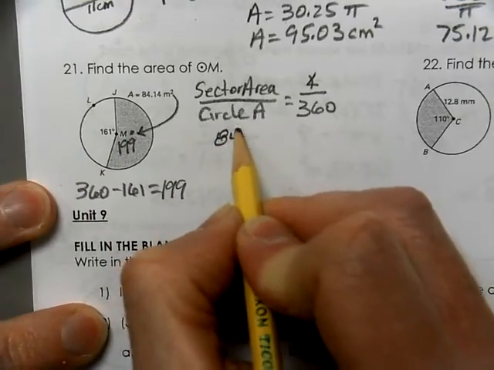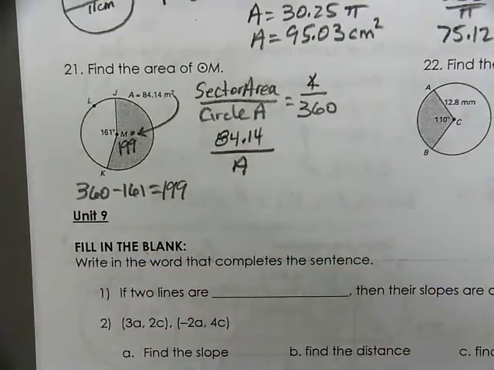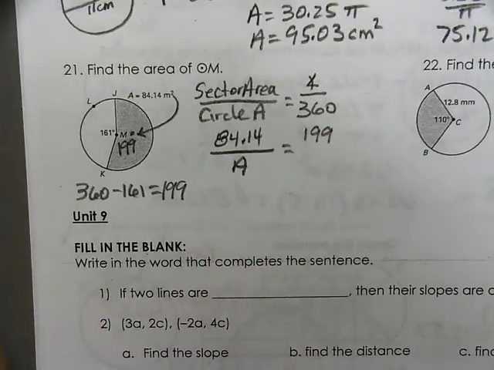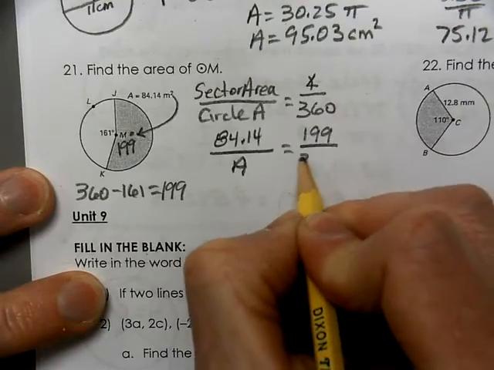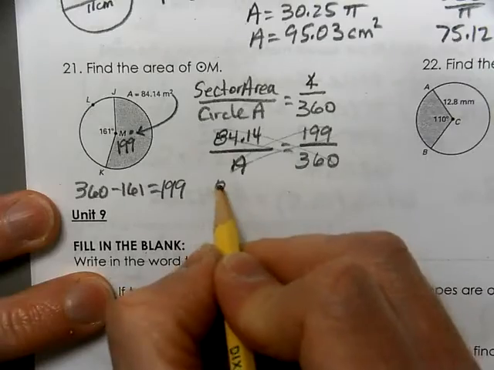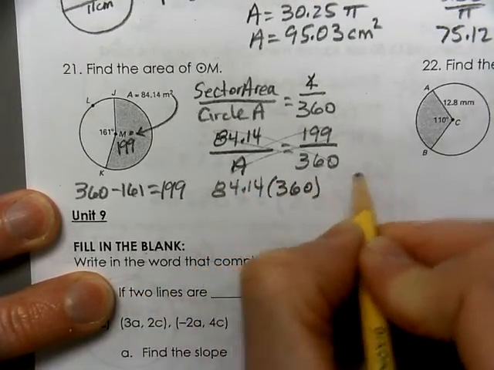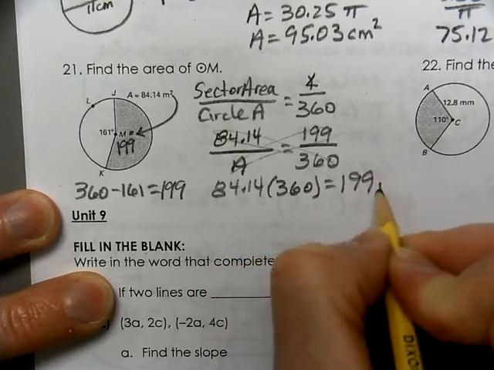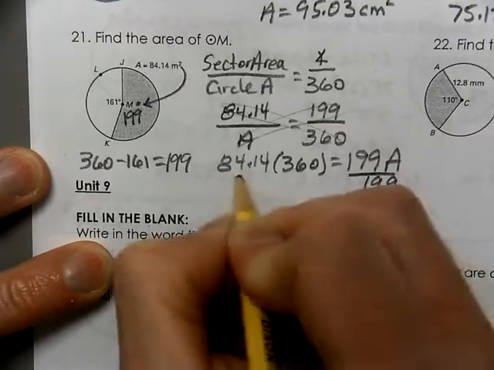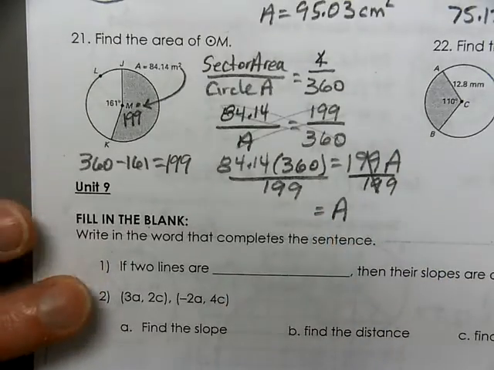The sector is 84.14. The area of the circle is what we don't know. The angle is 199 over 360. So 84.14 times 360 equals 199 times A. Get the A by itself, which is the area.